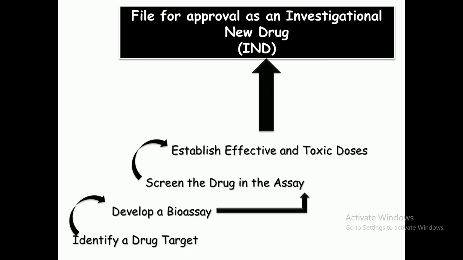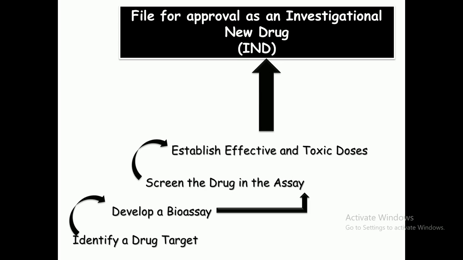After this, if that procedure provides the actual registered data regarding safety and efficacy of the drug, you will be able to file for approval as an investigational new drug for the further process of drug development. That is, the next step is clinical trials.